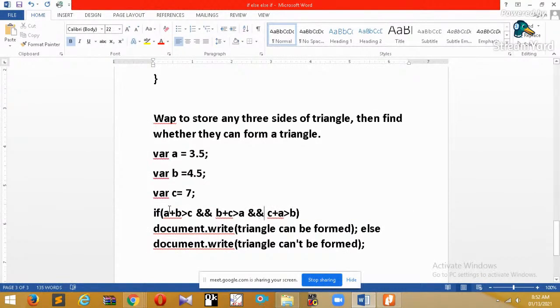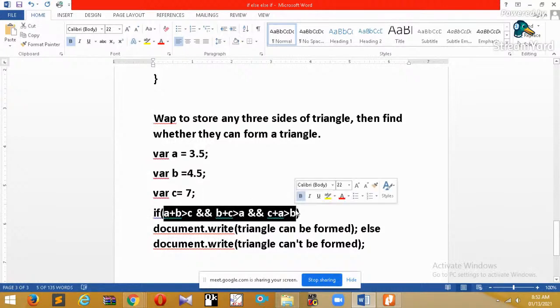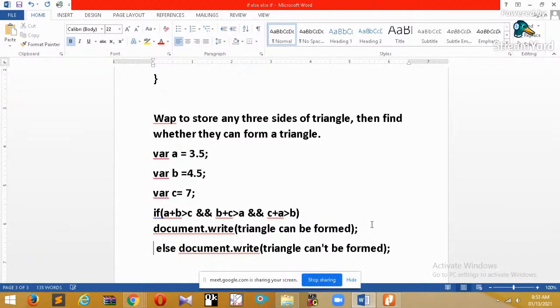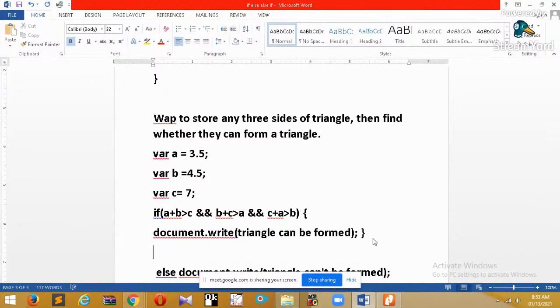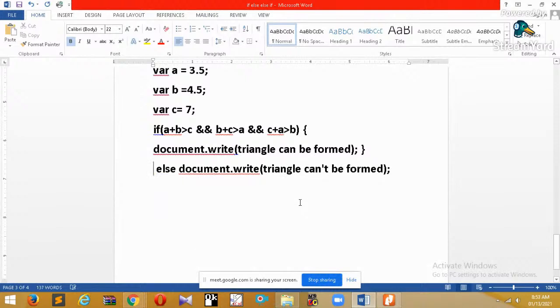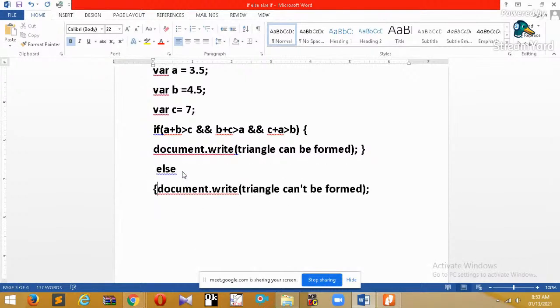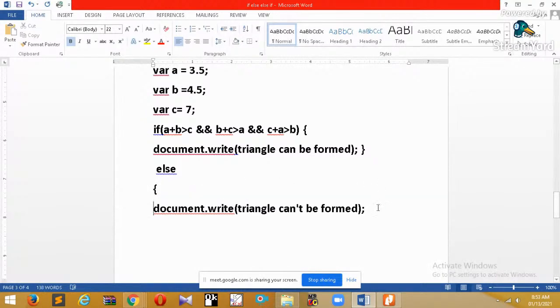Why AND operator? Because all the conditions I have to fulfill, sum of any two sides. For that, we'll simply write triangle can be formed, or for the else case, we'll write triangle cannot be formed.